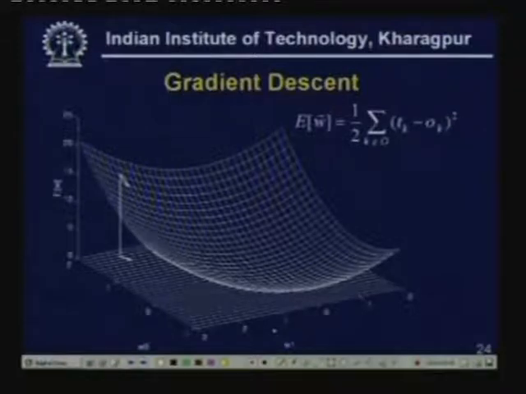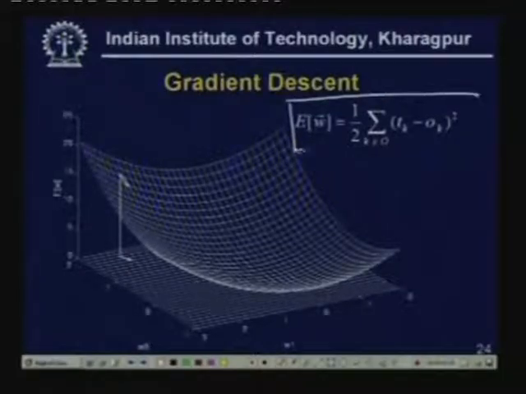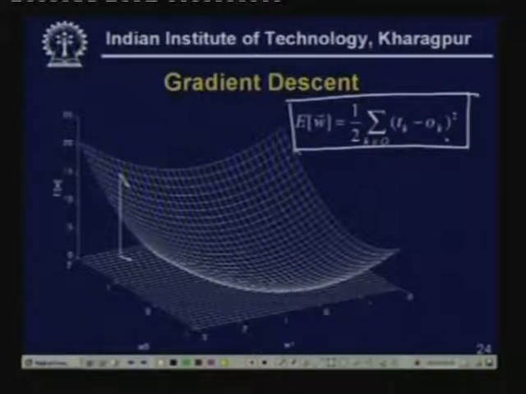Now, the error function can be given as half sigma (tk minus ok) whole square, and if we have ok as a linear unit, then we have a quadratic error function, and this quadratic error function has the shape of a parabola. And you know the characteristic of a parabola is that it has a unique minima.